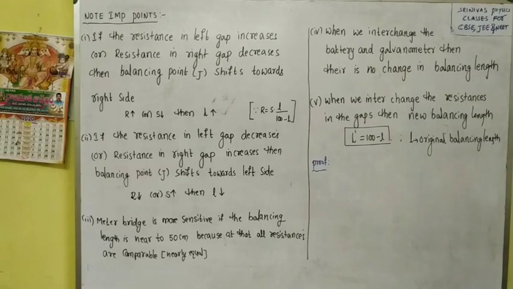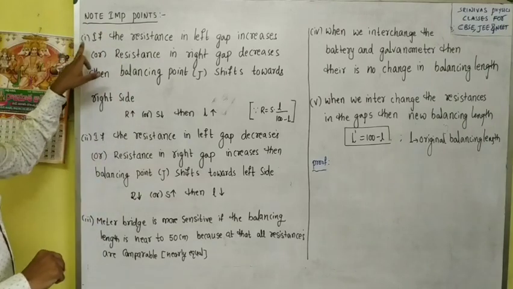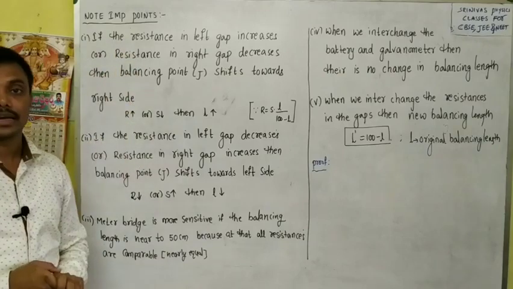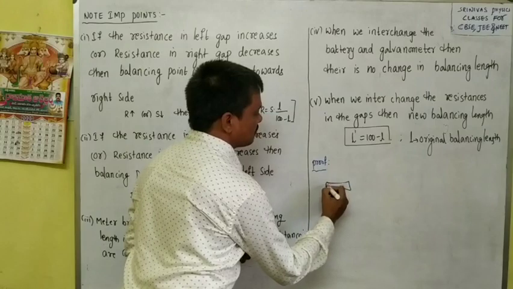Okay, look here. I am going to give some important points regarding the meter bridge. Okay, this is a note of important points. First point is that if the resistance in the left gap increases... You know the figure, right? This is the figure.